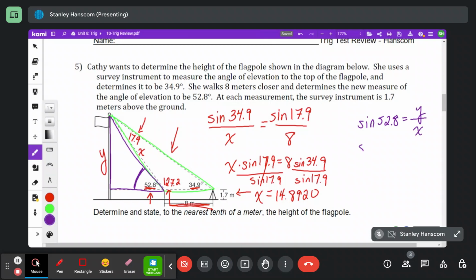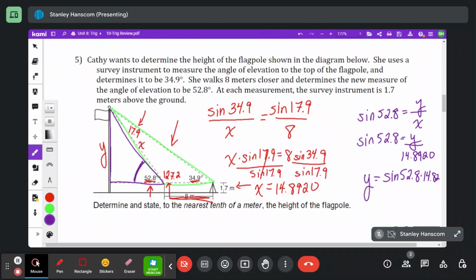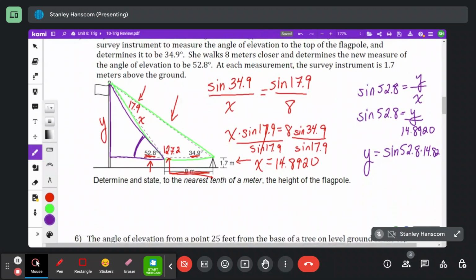Well, our x is stored in our calculator, so that is going to be y over that 14.8920 number, and I will be able to now multiply that to the other side and say the sine of 52.8 times that stored value is going to end up being the value I'm looking for.